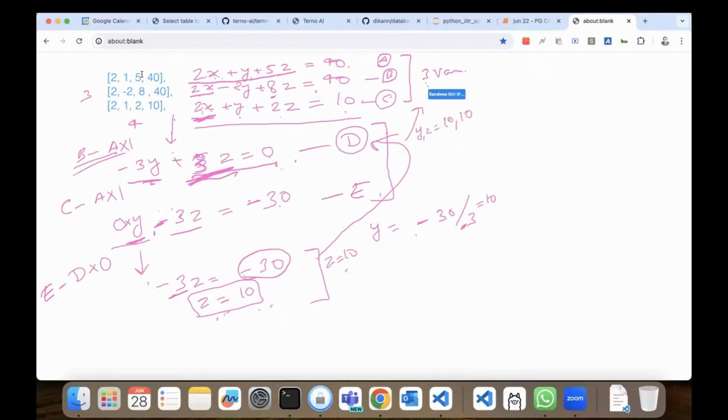Let's put it in the first equation. And based on that, how much is x? X is equal to 40 minus 10 plus 50, that is 60, divided by 2. So x is 10.